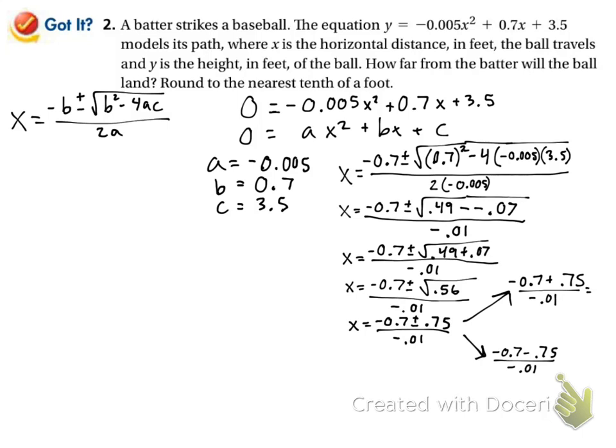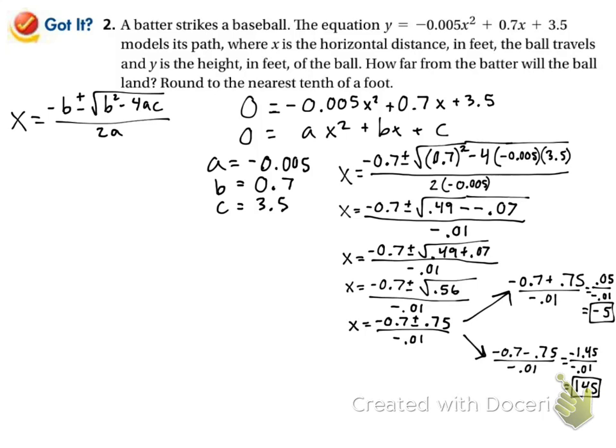Up here, negative 0.7 plus 0.75 will be 0.05 over negative 0.01, which gives me negative 5. And down here, negative 0.7 minus 0.75 will give me negative 1.45, over negative 0.01. If I divide those, we get a positive 145.